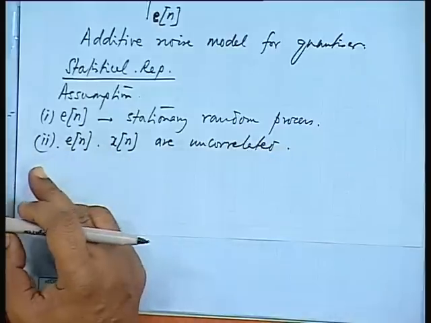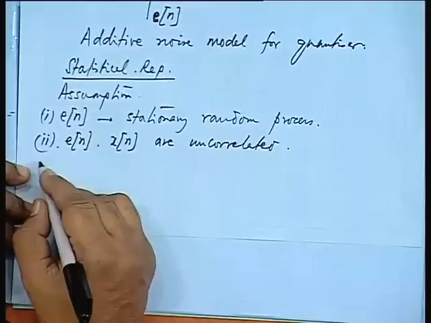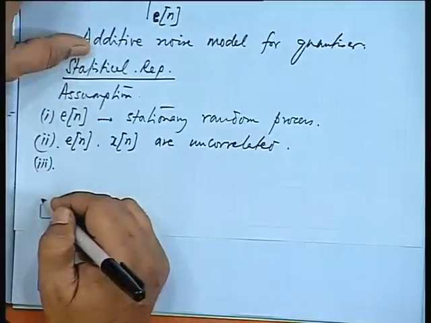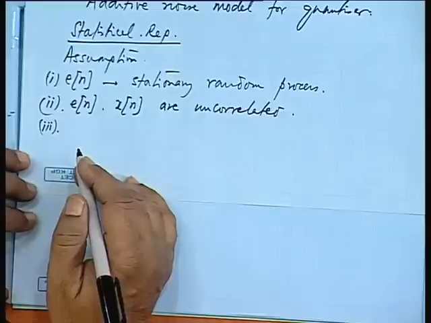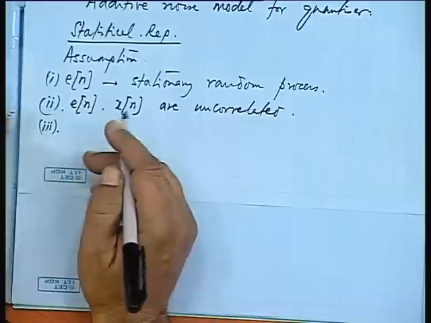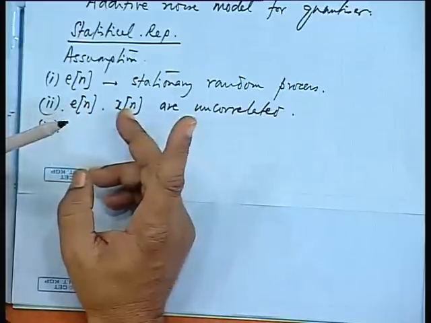Okay. Then the variables which decide En are also uncorrelated. Okay. That means any noise, when it is not correlated by any factor, we call it a white noise.